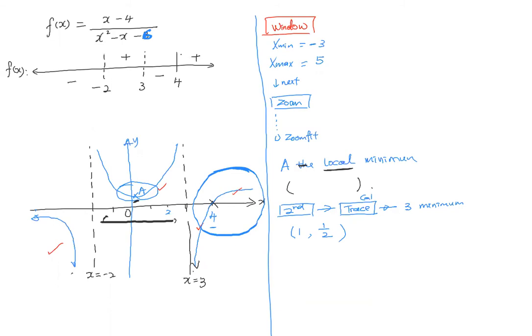By the way, there is another turning point somewhere here. The graph goes like that. So if I want to have a nice picture of this, and study this part only, what should I do? I should go to the window.